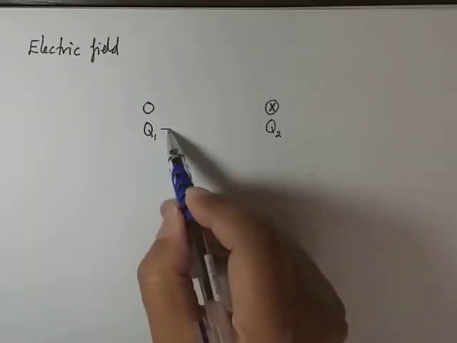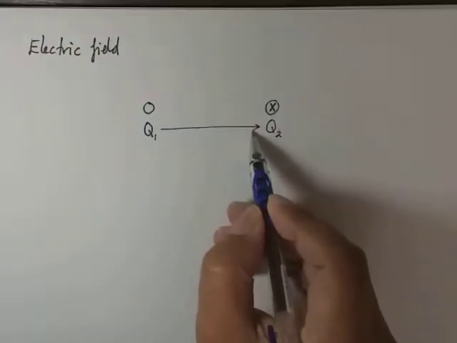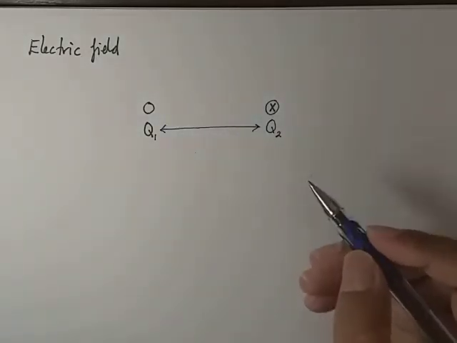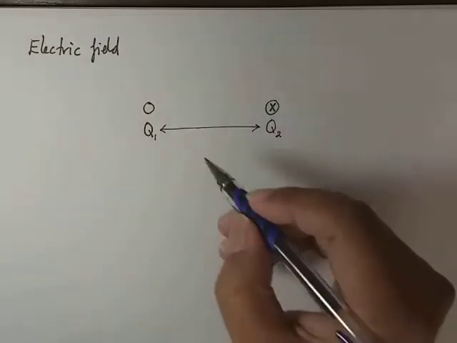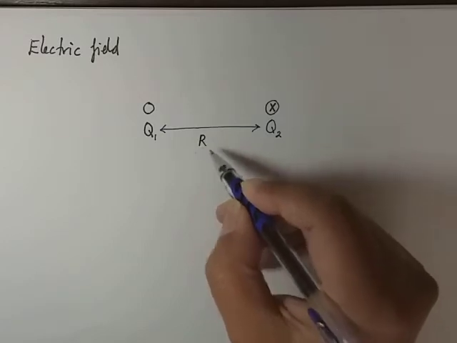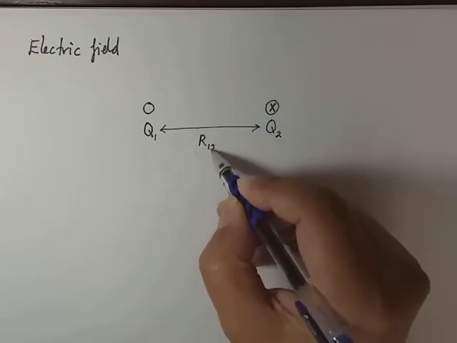The second charge that he placed at the position where he intended to understand the field, he put another charge there, and let's say that charge is equal to Q2. Okay? And then he noted the distance between these two charges. He actually measured it. So according to our vector symbol that we used before, let's say the distance between these two point charges is given as R from point 1 to point 2.